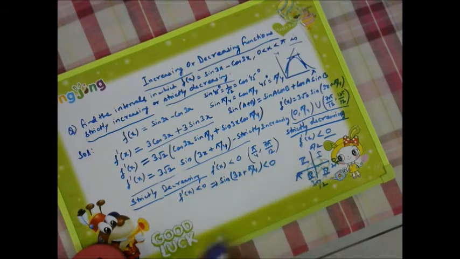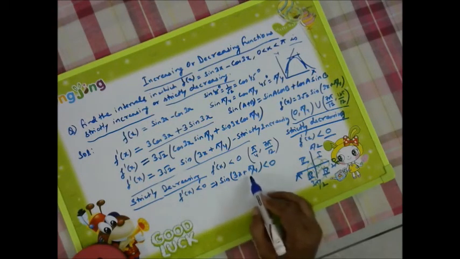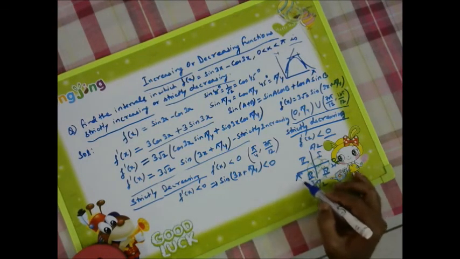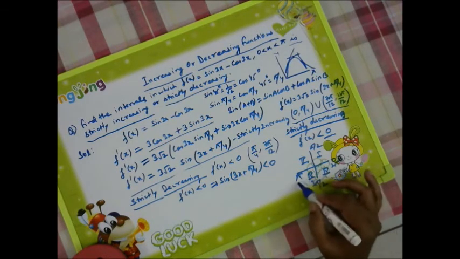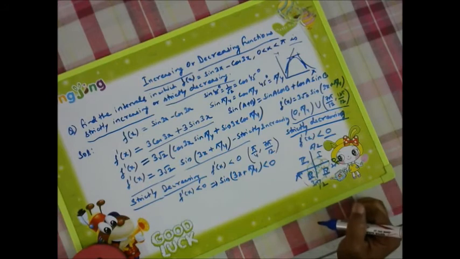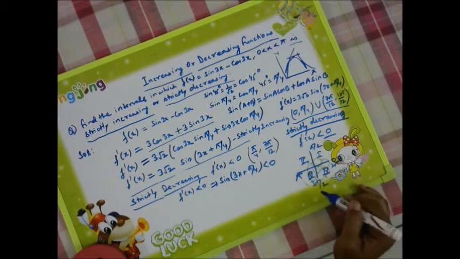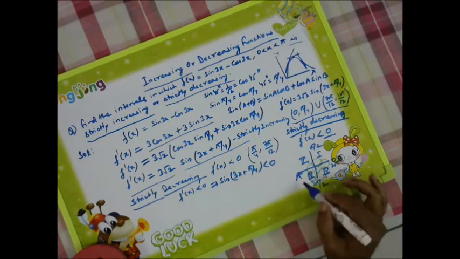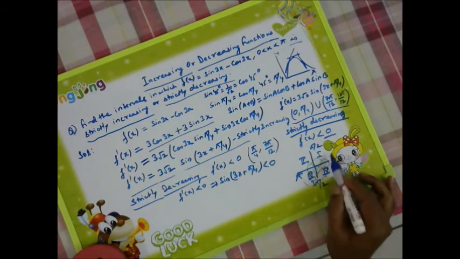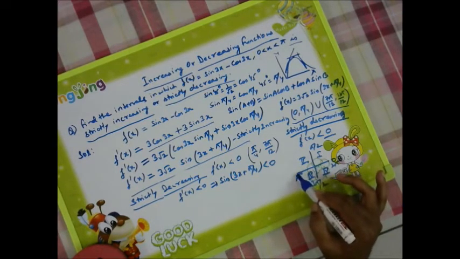Our process will be the same. Now this sine angle, we said, will be negative in the third and fourth quadrant, that is between pi and 2 pi. Now next one, after 2 pi, where will it be? So 2 pi plus pi, so it will become 3 pi.